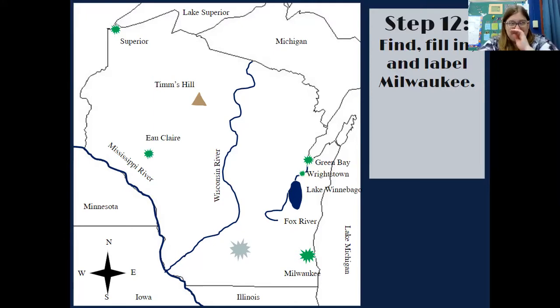Next, we have, that was very loud, I'm so sorry. Next, we have Eau Claire. And I chose Eau Claire as the western city because that's where I went to college. It is also the largest city in western Wisconsin.